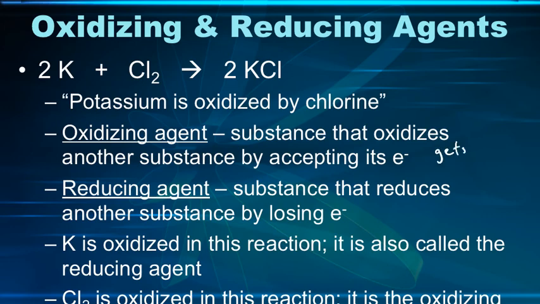I know, it's kind of weird, right? The oxidizing agent is the thing that gets reduced, and the reducing agent is the thing that gets oxidized. The reason we call it that is that an oxidizing agent gets reduced, but it allows something else to oxidize.